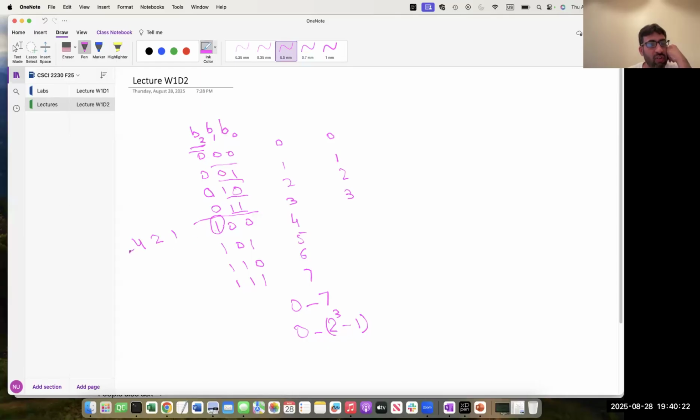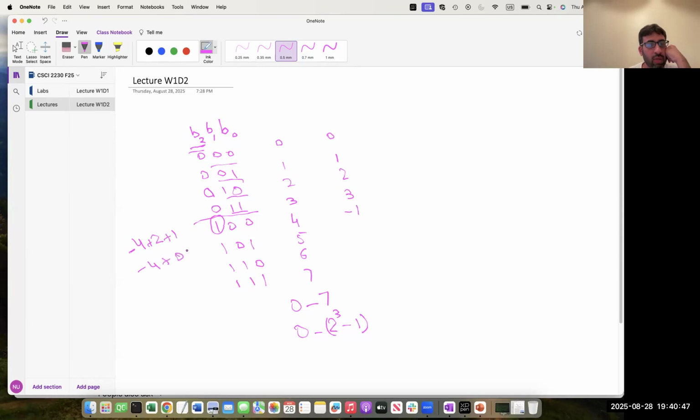So the weight will become -4, not 4. So when you add -4 plus 2 plus 1, you have -1.